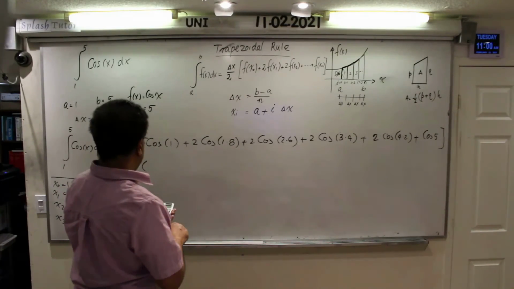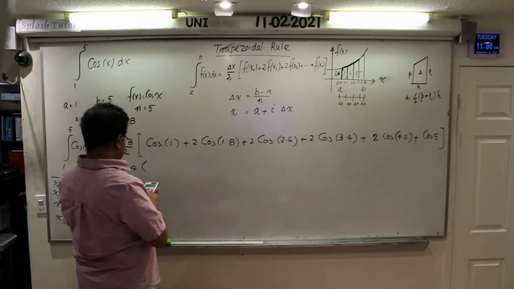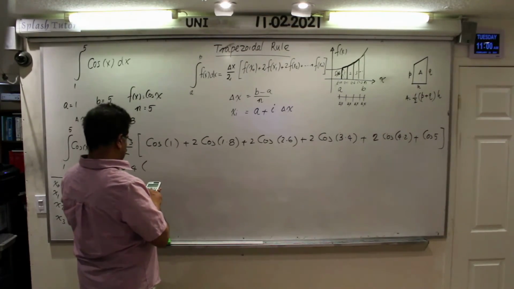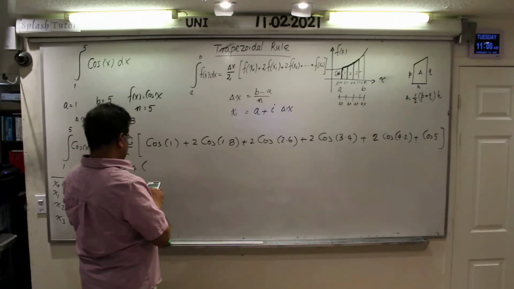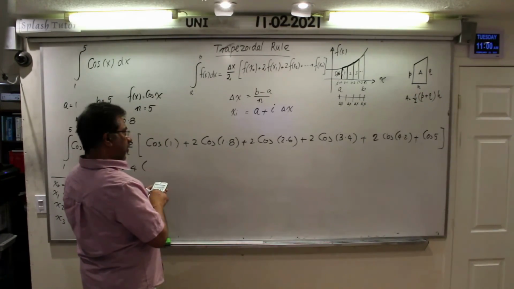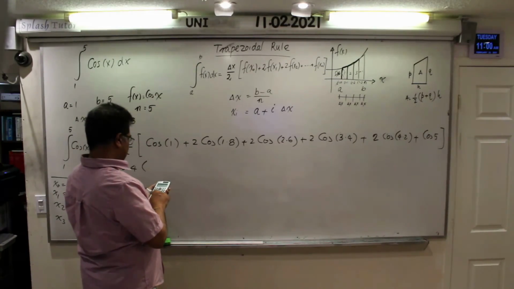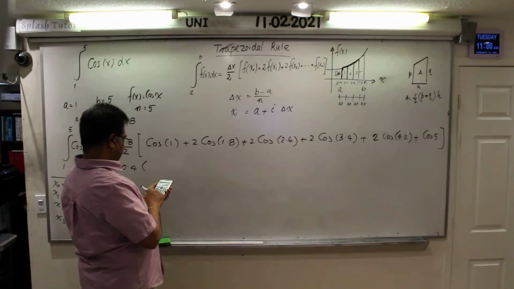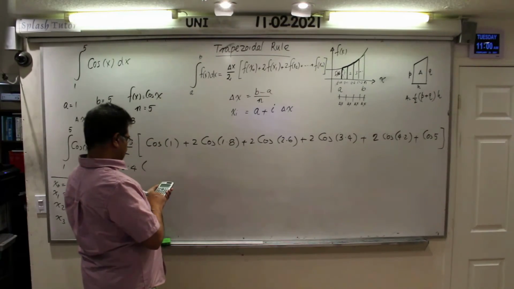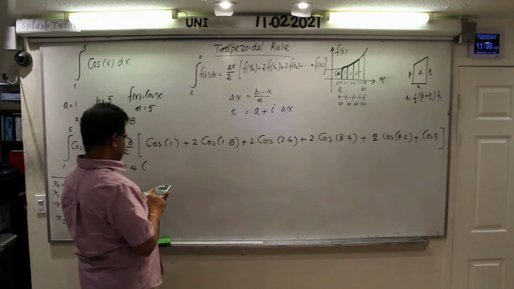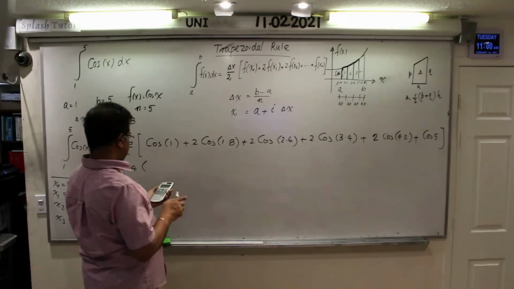So here's the cosine 1 plus 2 times cosine 1.8 plus 2 times cosine 2.6 plus 2 times cosine 3.4 plus 2 times cosine 4.2 plus cosine 5. Wow, it takes long.